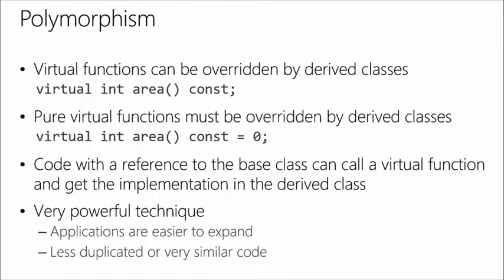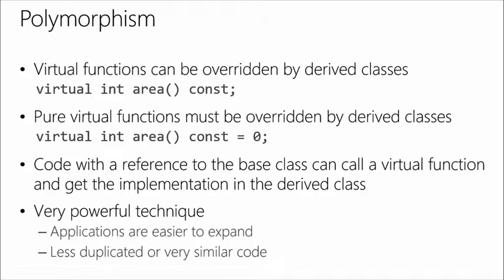All right. So basically, virtual functions can be overridden by derived classes. That's what the process is called, overriding. Pure virtual functions must be overridden by derived classes. So we saw that with the abstract class that had the pure virtual area function, our shape class. There are some classes, like our shape class, that have no implementation at all. They have only pure virtual functions.